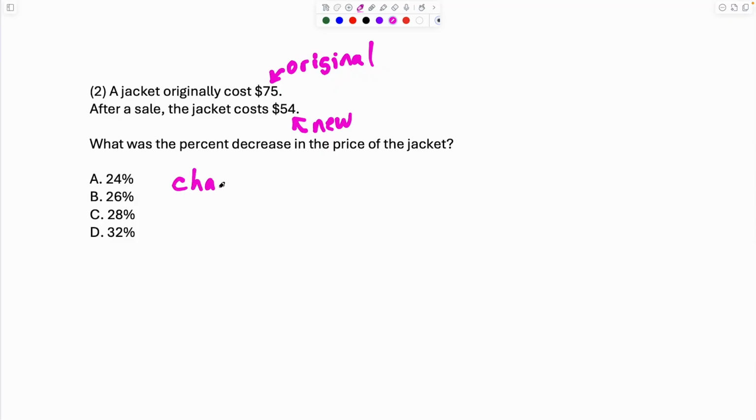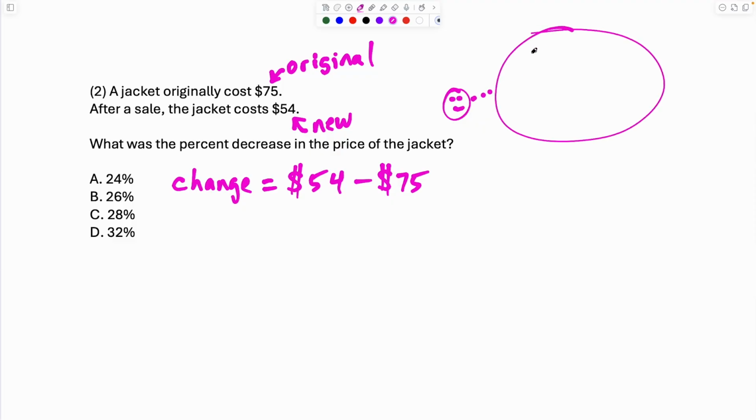So if we want to find the change, what we could do is take the new amount, the $54, and subtract the original amount, $75. But when I do this, the concept that I'm using for a question like this is I think of if I were to do 7 minus 5, I get 2. But if I reverse this and do 5 minus 7, I get negative 2.